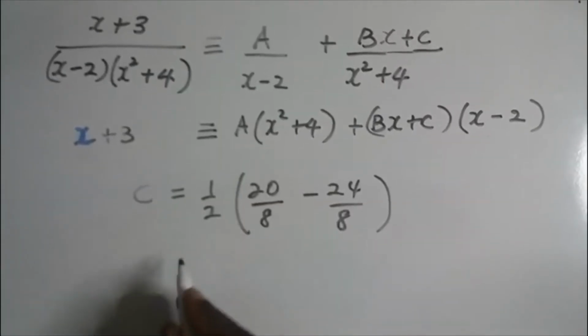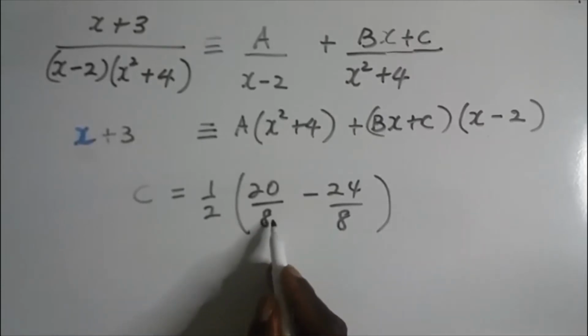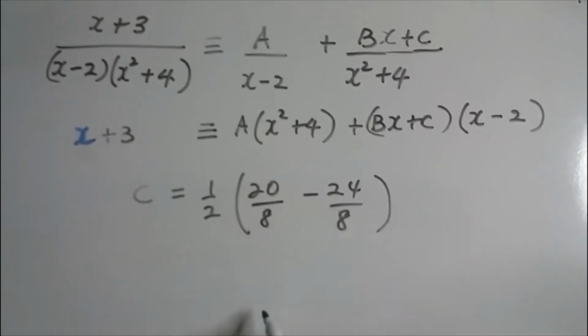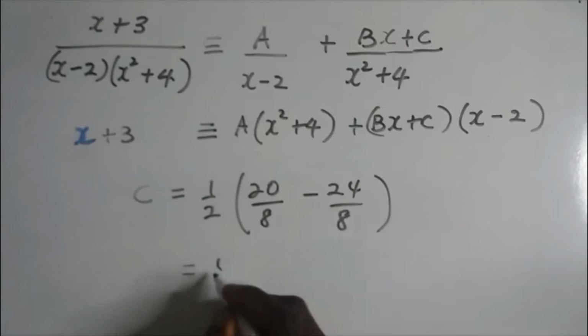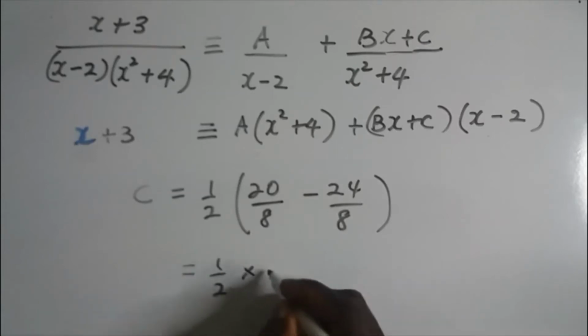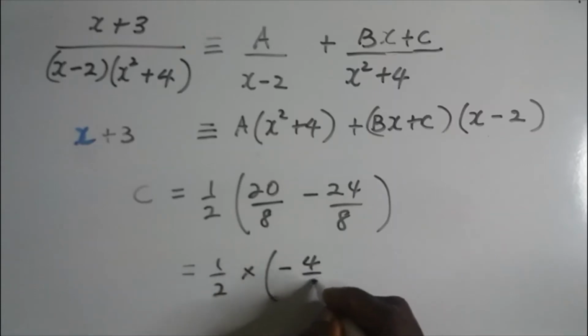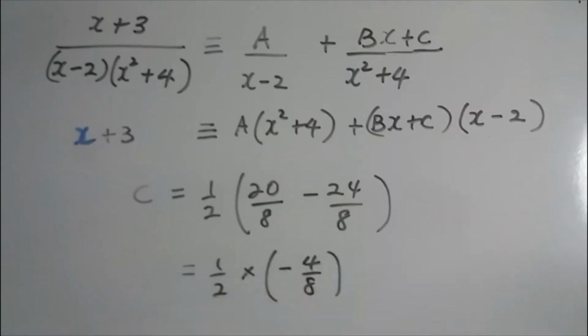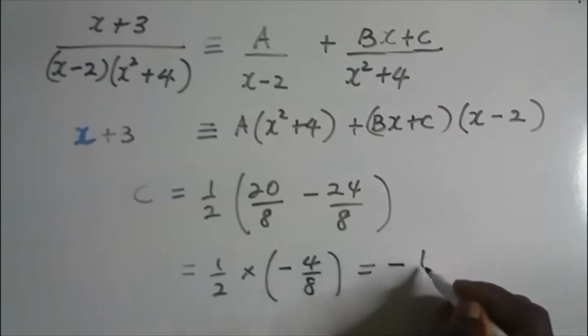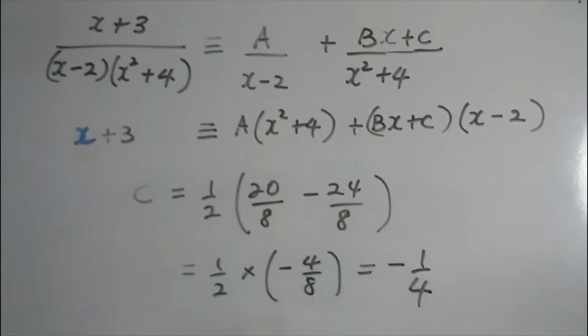So we have C is equal to a half times 20 over 8, take away 24 over 8, so it's a half times minus 4 over 8, which gives us minus a quarter. So our second constant, C, is equal to minus a quarter.